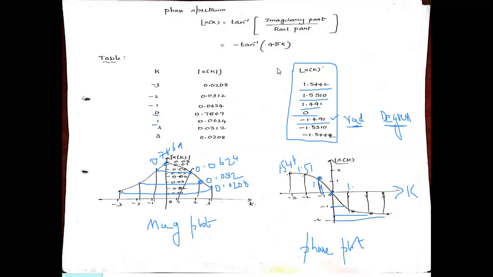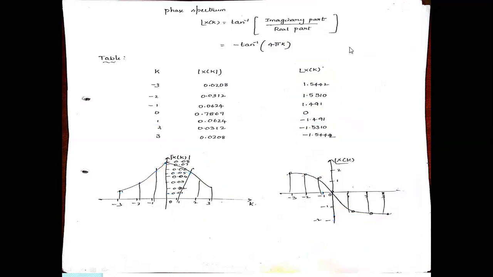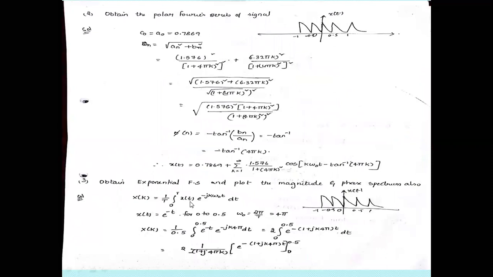And finally, the third one, the exponential Fourier series. By using the analysis equation, we find X of k, and with the synthesis equation, x of t in terms of X of k, we can plot the magnitude and the phase spectrum.